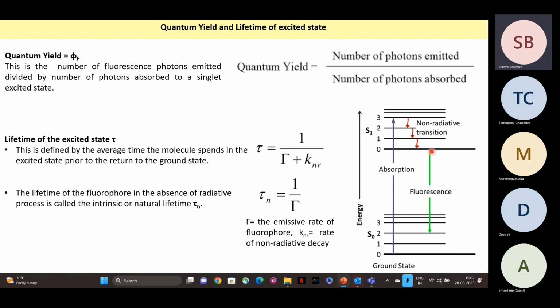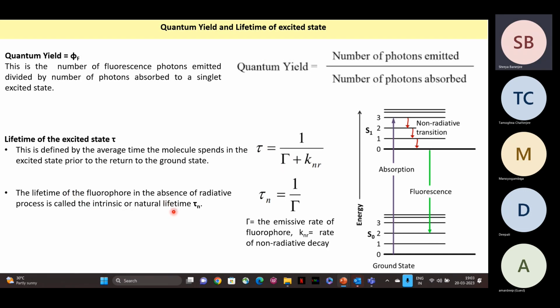And then the transition can occur from S1 to S0 in the form of fluorescence, which is a radiative transition. The lifetime is defined as 1 divided by (k_f plus k_NR), where k_f is the emissive rate of fluorescence and k_NR is the rate of the non-radiative transition. So the lifetime of the excited state depends on the rate of fluorescence as well as the rate of this transition. When the rate is large, the denominator becomes large, and so the lifetime becomes small.